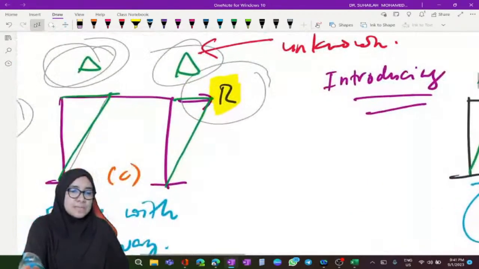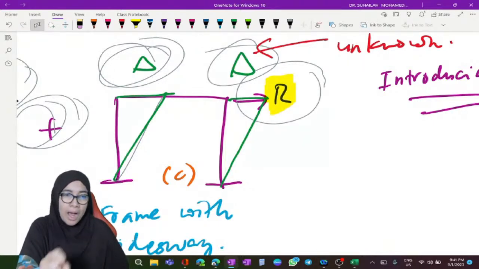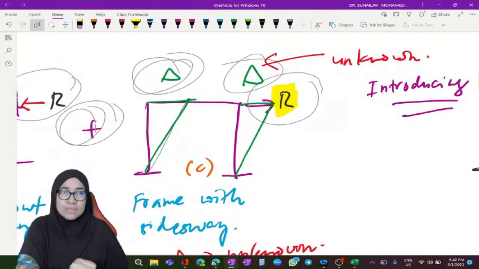The real frame is C, where the frame is subjected to a restraining force R in the right direction. Due to R, there will be delta, and due to delta, there will be end moment. The end moment for this frame is called M.